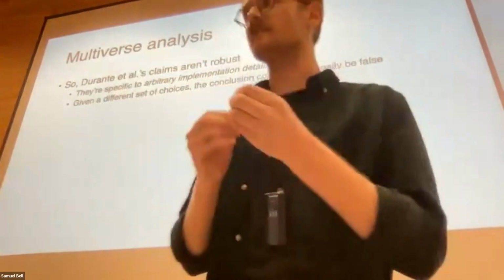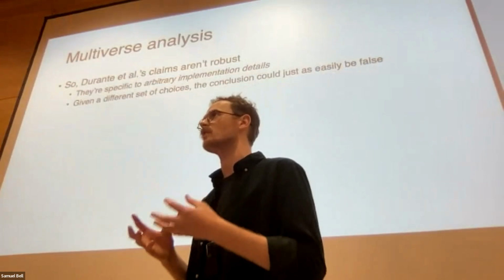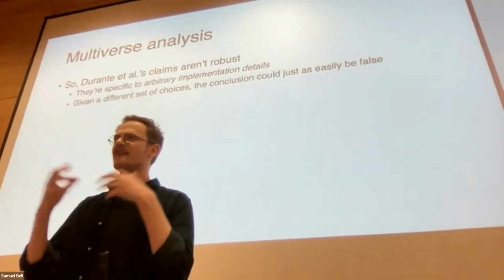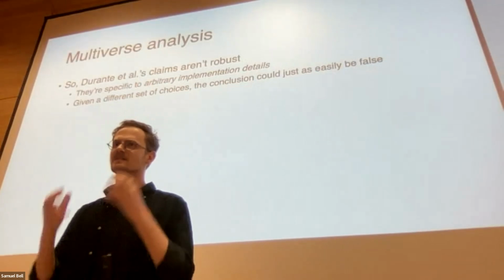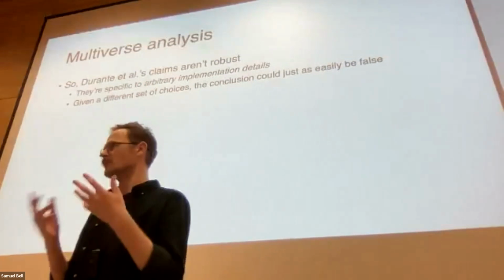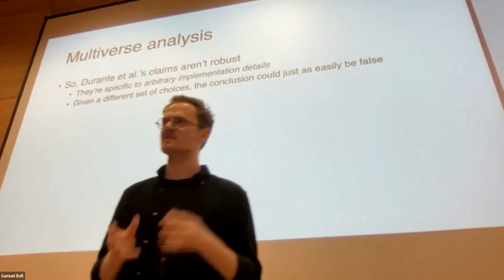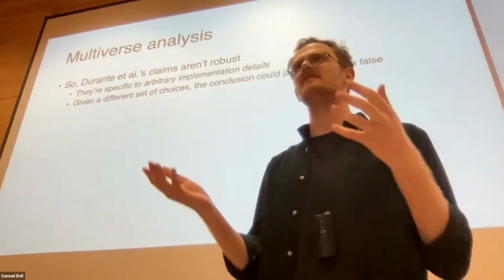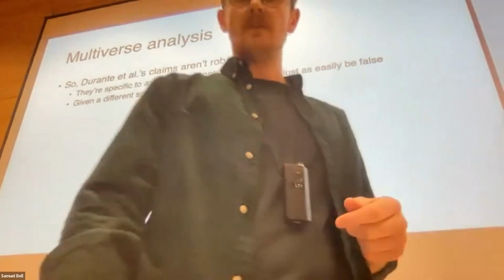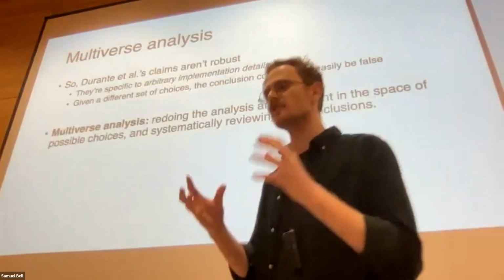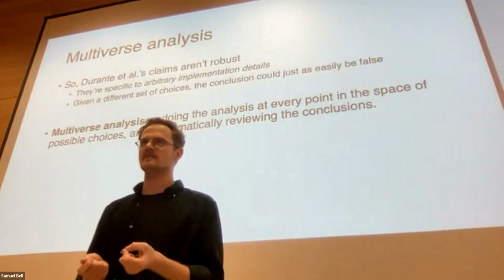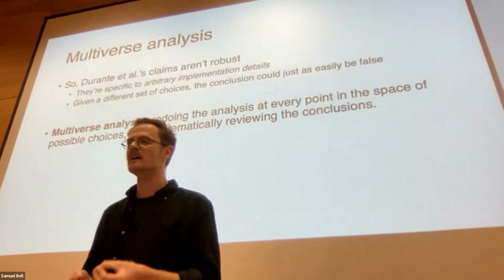And I think that's particularly important to think about in the context of the claim we made about fertility and its effect on really important things, right? Like social and political attitudes and religiosity. Extraordinary claims need extraordinary evidence. And if it could just as easily be false, that's not really good enough. So this is the whole point of talking about this: to motivate this idea of the multiverse analysis.